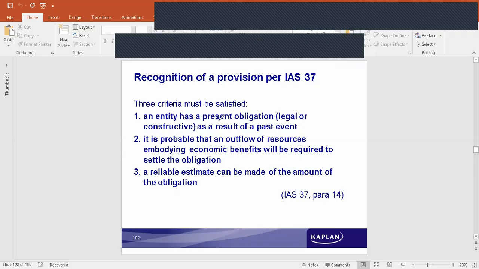An entity has a present obligation, legal or constructive, as a result of a past event. We would be looking into transaction recognition with respect to revenue, with respect to expenses, here with respect to provision.